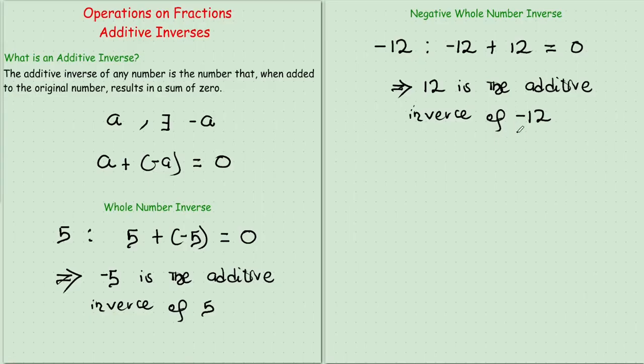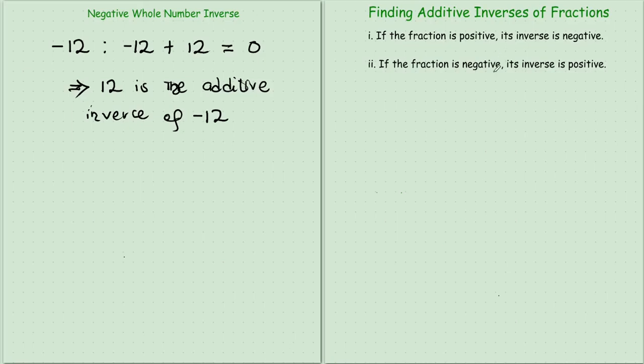But our focus in this lesson is to look for the additive inverses of fractions. If you have been able to grasp the understanding of the whole number, that is both its negative and positive counterpart, then let's look at how those of fractions are going to be. When it comes to finding the additive inverses of fractions, it is as simple as the instruction you see on your screen. If the fraction is a positive fraction, all you need to do is negate it.